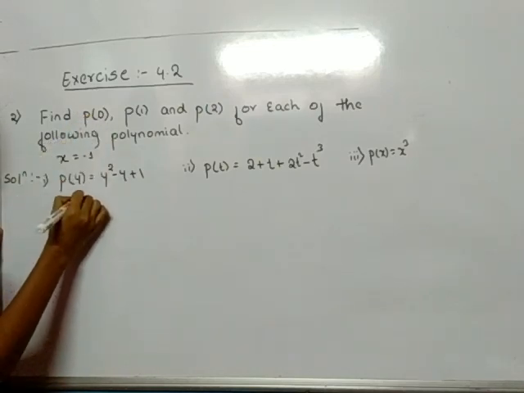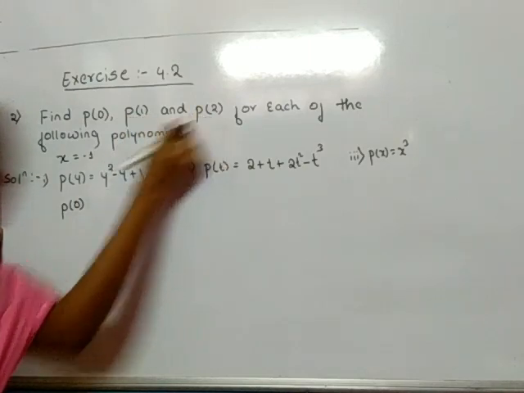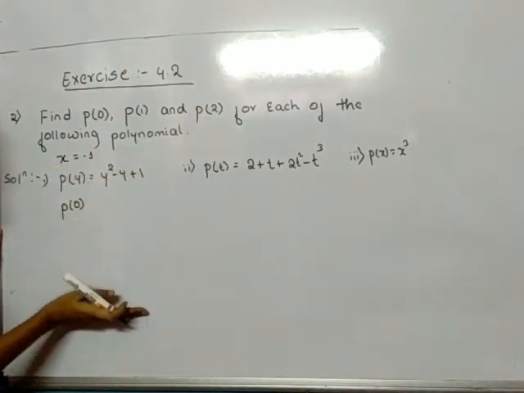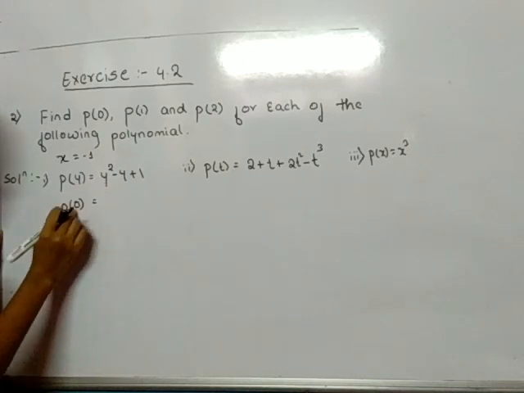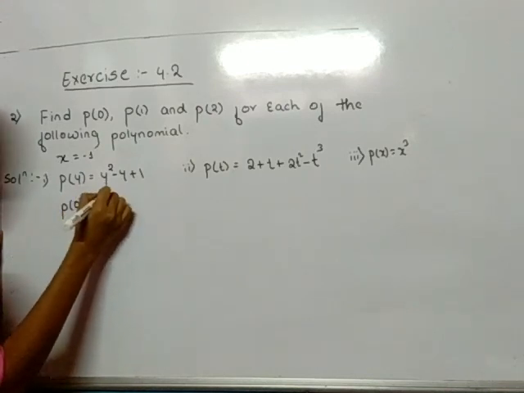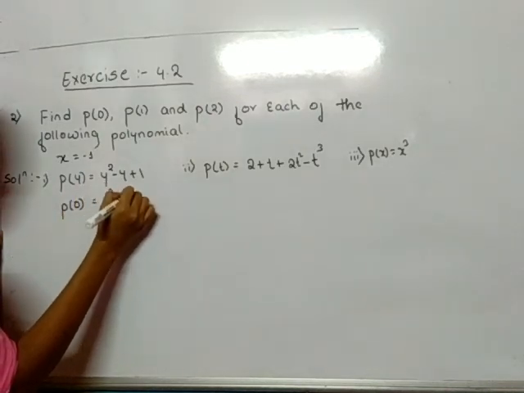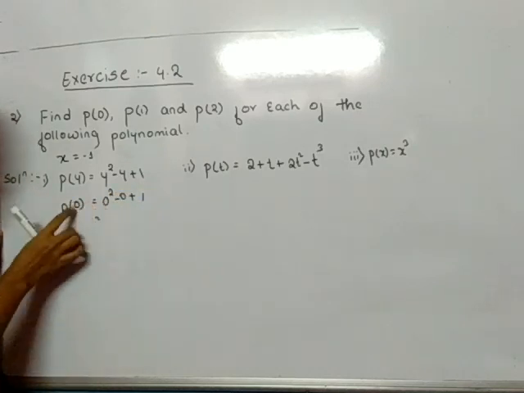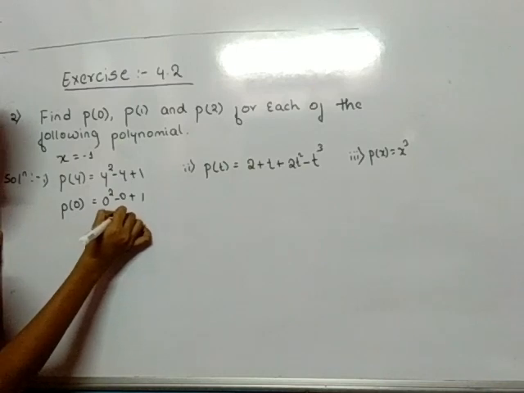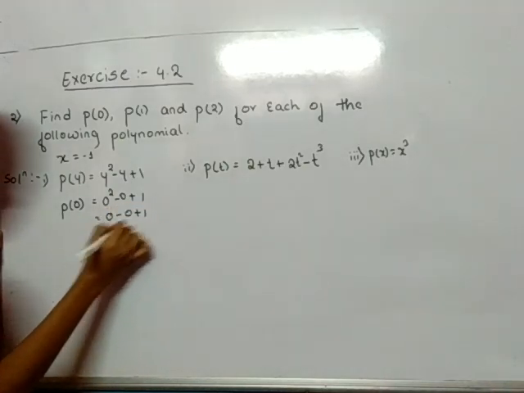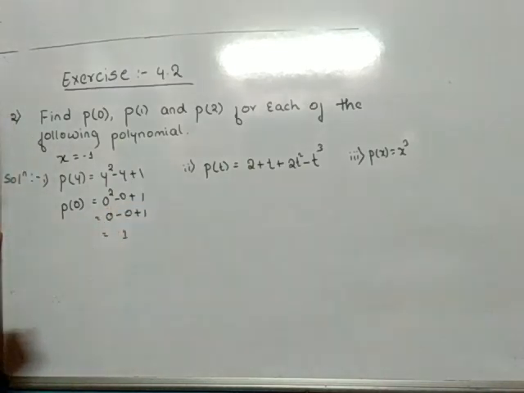P of 0. For these three values we need to find one value each, right? Then in place of y, substitute the 0 here. 0 squared minus 0 plus 1. Because 0 is there in place of y. Again 0 squared is 0, minus 0, plus 1. So we got the answer as plus 1.